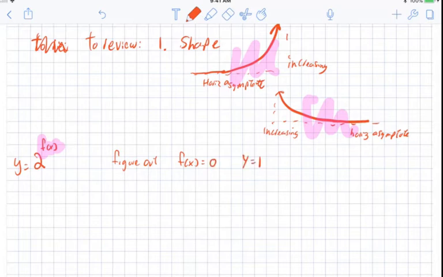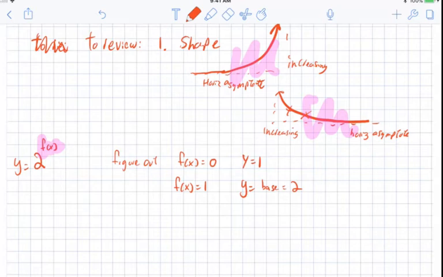And I'm going to figure out where f of x is equal to 1, because at that point y is equal to the base of the exponential, in this case 2. Those 2 points are sufficient to tell me whether it's going up or going down, and that's all I really need to know if I'm going to sketch a graph.